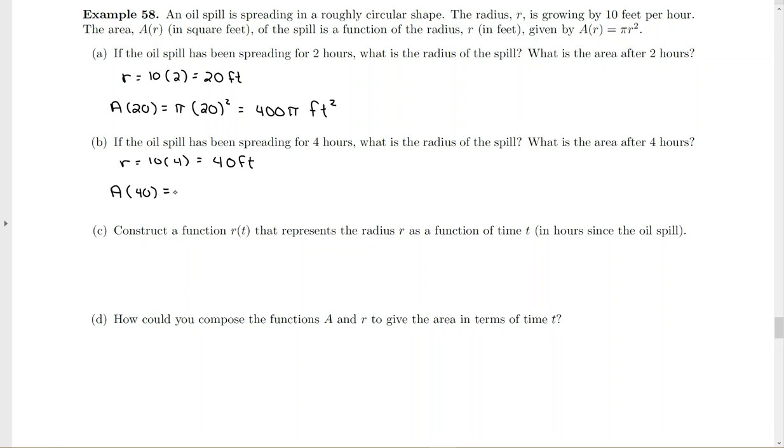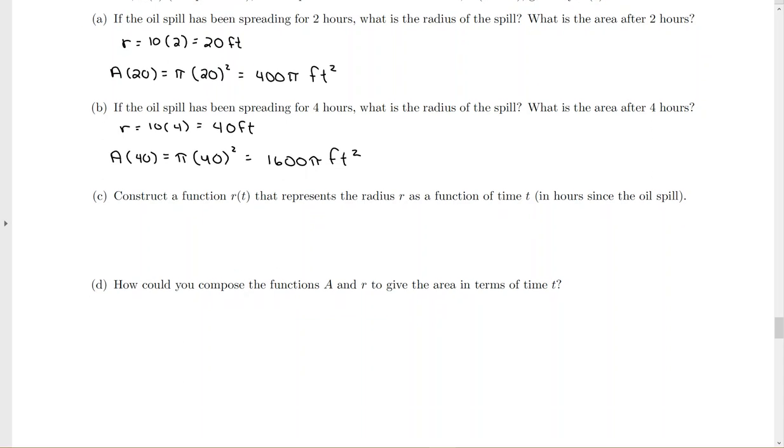So I'm going to plug in the number 40 in here, pi times 40 squared. And that's going to come out to 1600 pi feet squared. See how we're doing it in 2 steps. We figure out the radius, and then once we have the radius, we plug it into the area formula and then go. So we're going to put this together in terms of a formula.